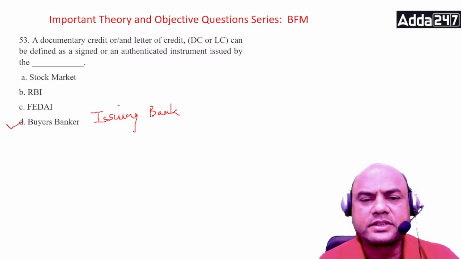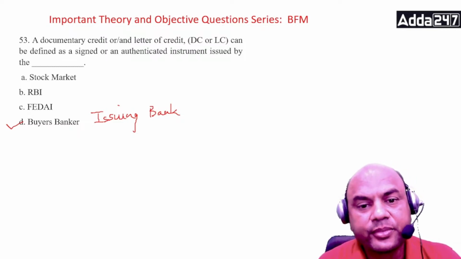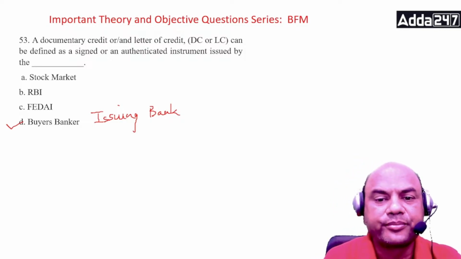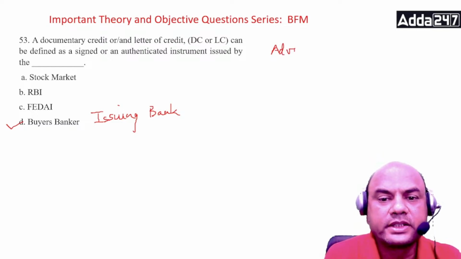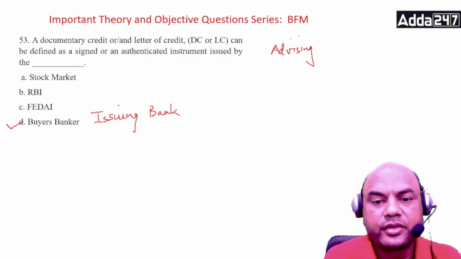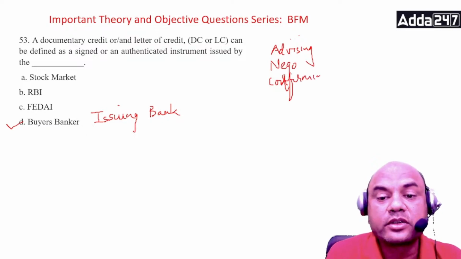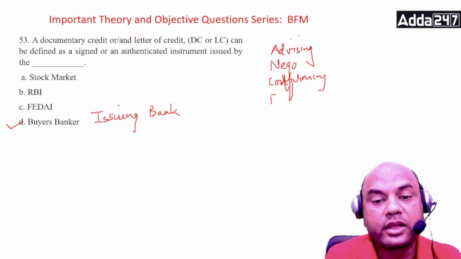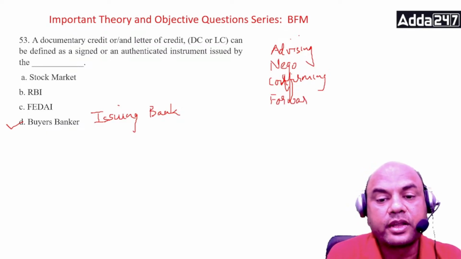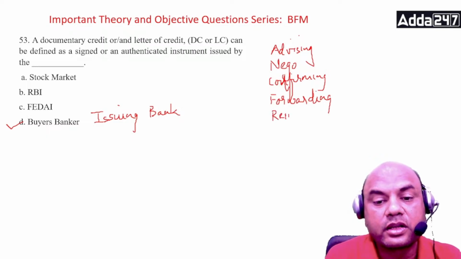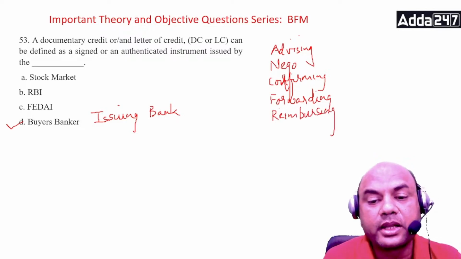There are various banks in an LC. This is known as the issuing bank. Then there can be an advising bank, a negotiating bank, a confirming bank, and even just a forwarding bank. Then there can be a reimbursing bank, and one more, the nominated bank.